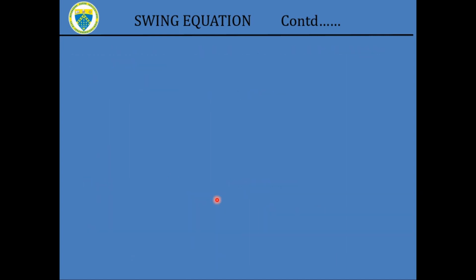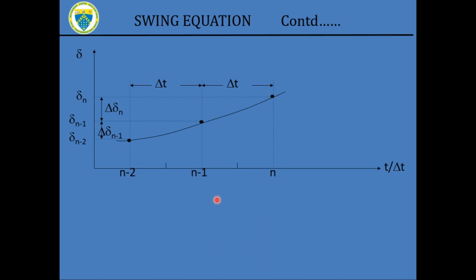Now let us see the delta versus time t. The change in time between these two intervals is delta t, and the corresponding change in delta is represented by delta delta n. This is delta n minus 1 corresponding to the n minus 1th interval, and for the n minus 2 interval the corresponding angle will be delta n minus 2.